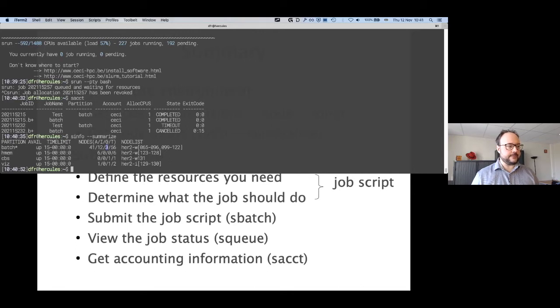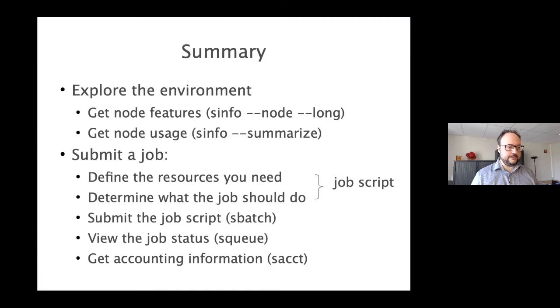The O here stands for other. And then here the T is the total amount of nodes. So sinfo --summarize gives you an overview of how many nodes are available or idle or allocated and so on.